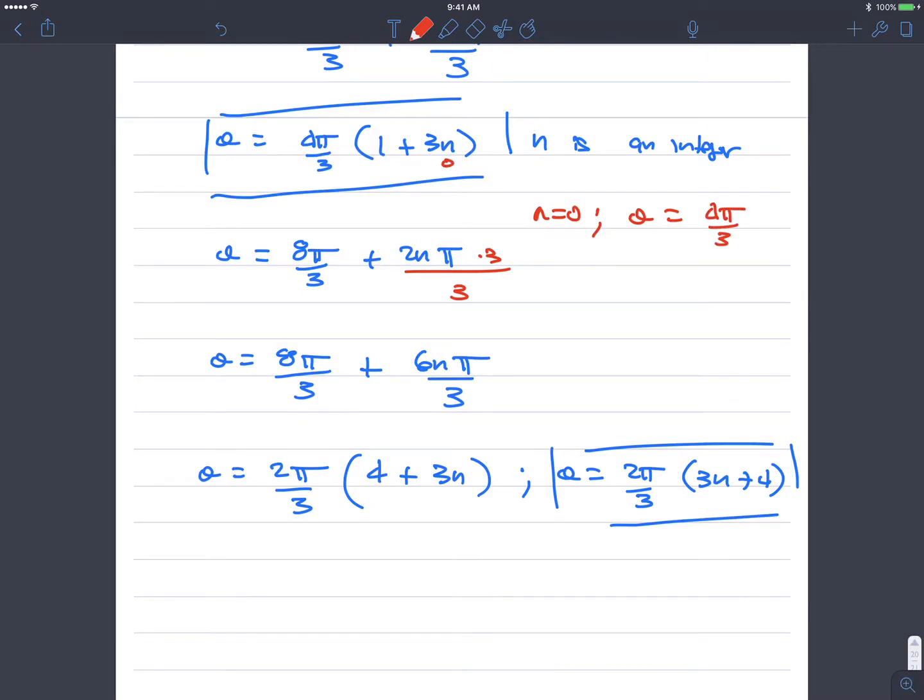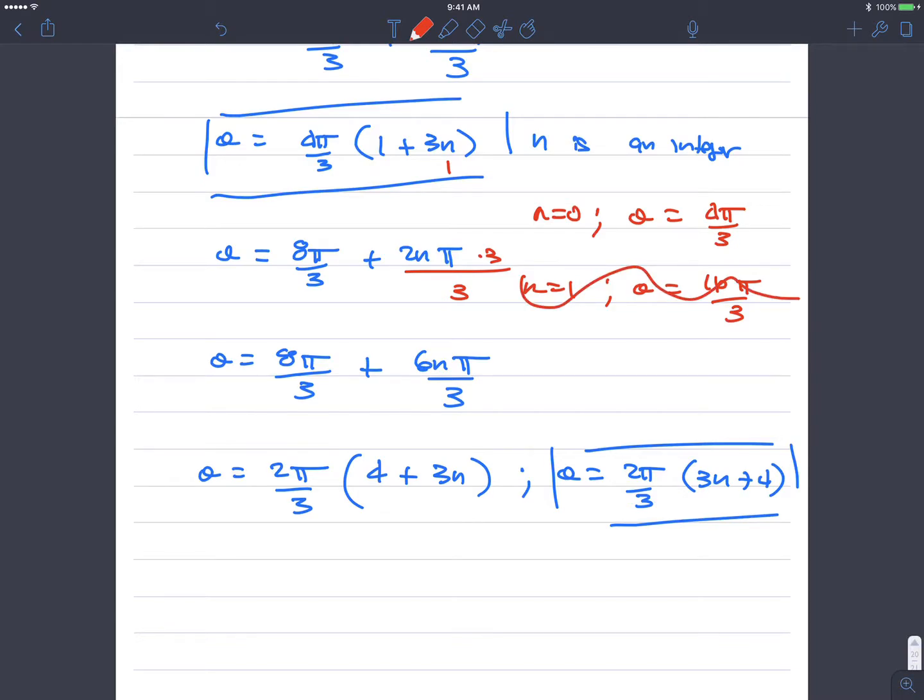Okay. What happens when n is 1? Do we get theta being, double check my arithmetic, 16 pi over 3? Replace a 1 there. 1 plus 3 is 4, 4 times 4 is 16. Uh-oh, you're already out of the range, aren't you? You okay? You're out there.